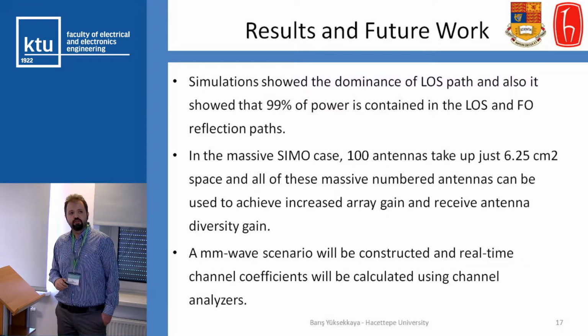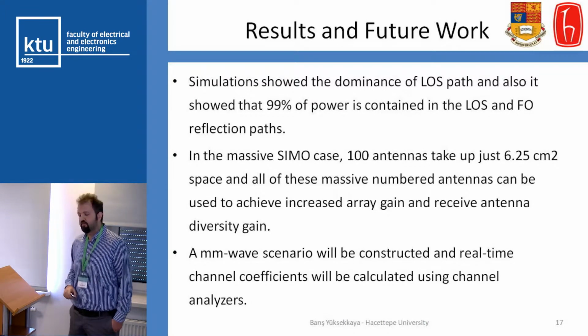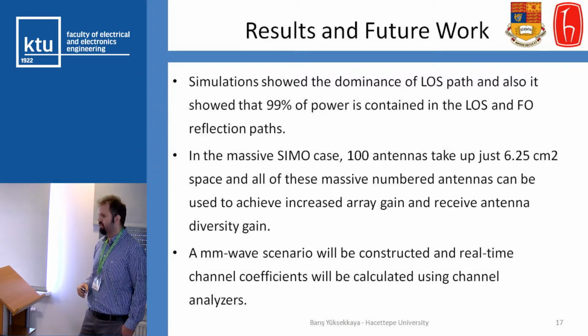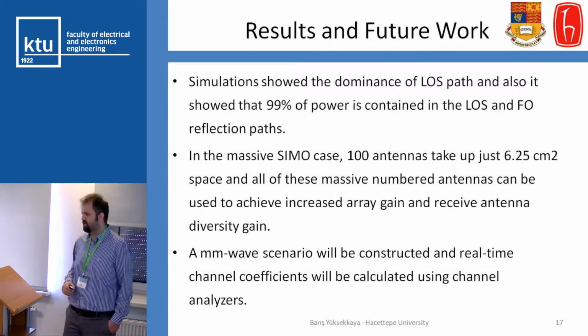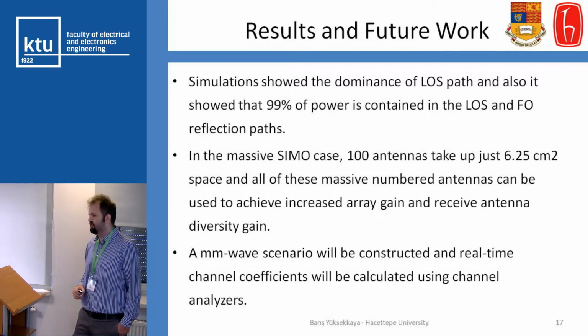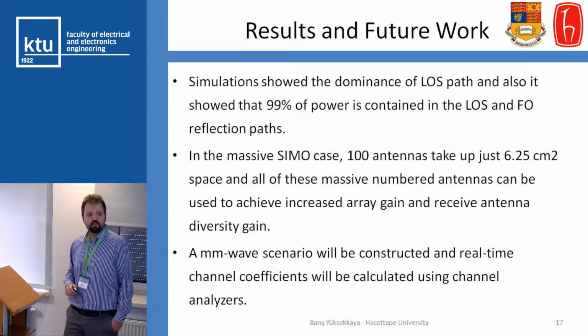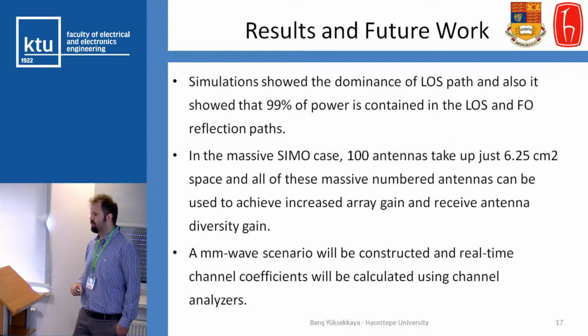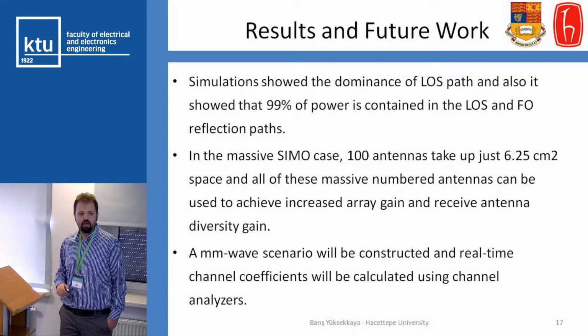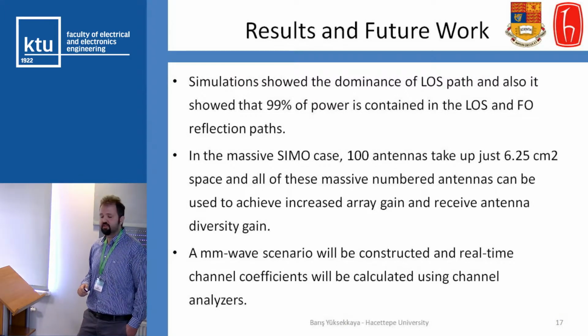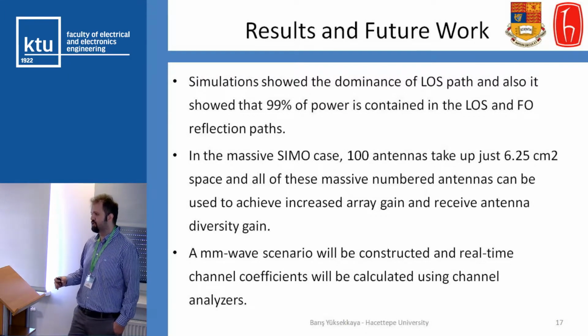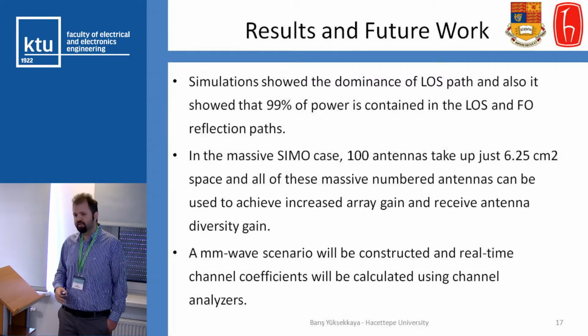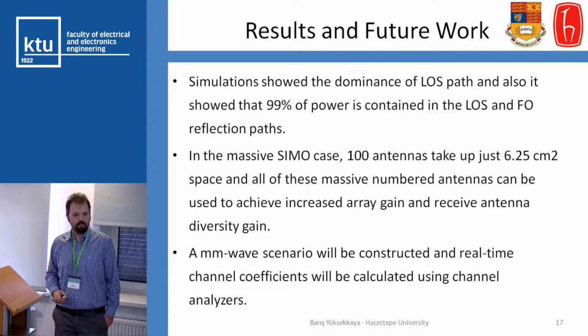Other simulations show the dominance of line of sight and first order reflection paths over second order reflection paths. And we can see that 100 antennas can take a very small place in this millimeter wave scenario, and we can use this massive number of antennas in order to increase the array gain and receive antenna diversity gain.